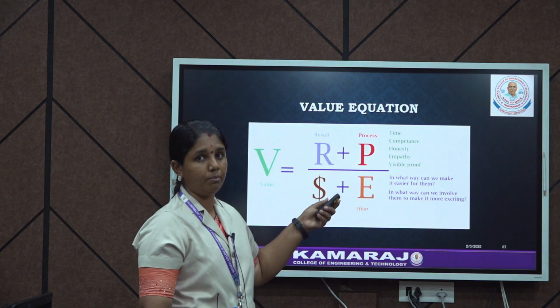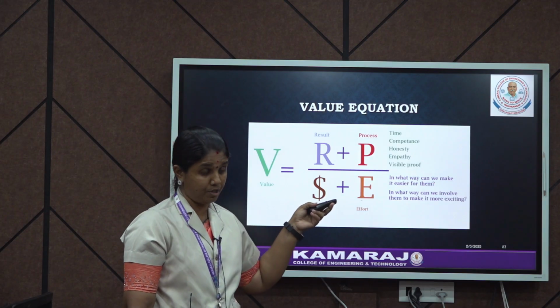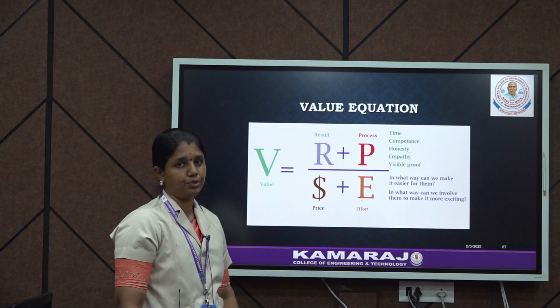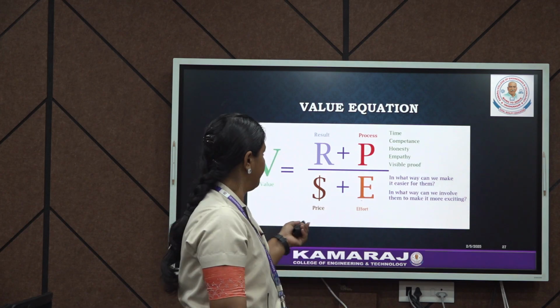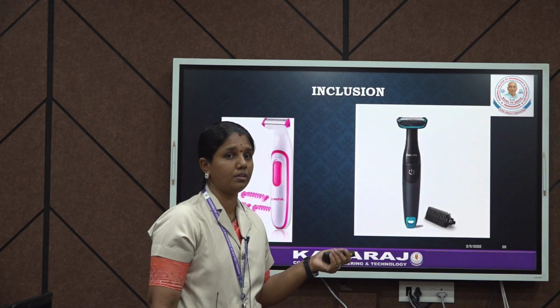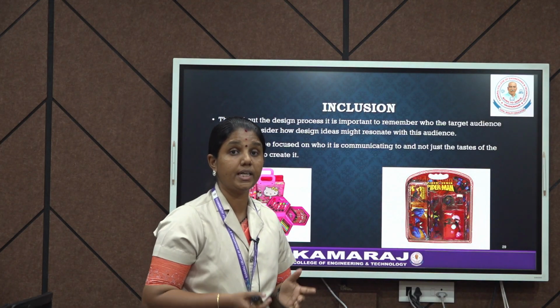This is the main theme for the values: the ratio between the result plus process and the price plus effort. What do we need to put in for the customers? And inclusion. Inclusion is nothing but what the target audience needs.